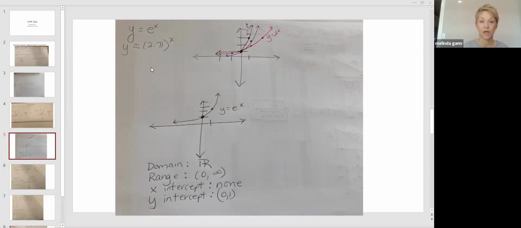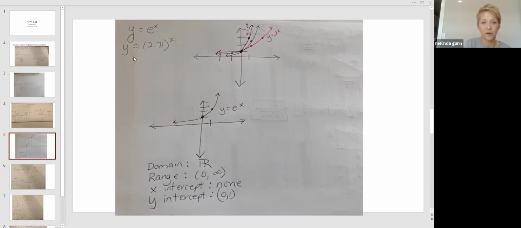So all I did was make a t-table. If I take 2.71 and raise it to the 0 power, I'd get 1 again. So (0, 1). If I raised 2.71 to the first, I'd get a number a little more than 2, but close to 3. So remember, this is y equals 2 to the x, and this is y equals 3 to the x.